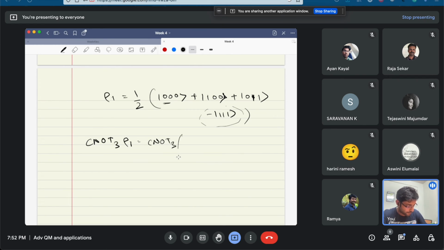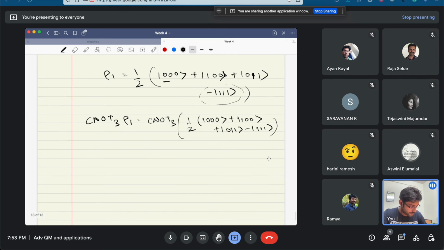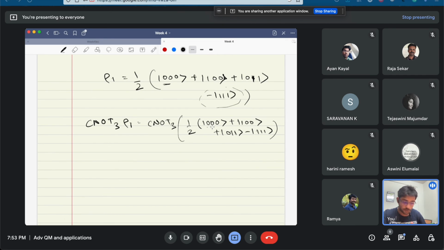So we have 1 by 2, 0 0 0, 0 1 1, minus 1 1 1. So for the first qubit, you can see both are zeros, it doesn't do anything, so we have it as it is. For the second one, we have 1 for the first one but 0 on the second one.